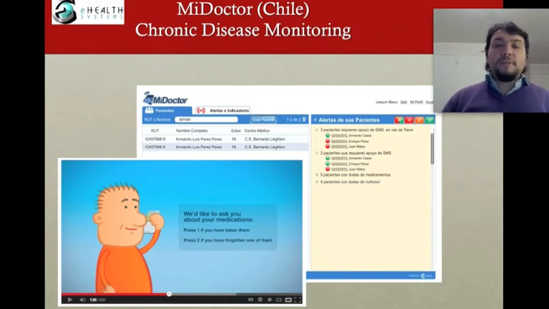This project, Mi Doctor, has been implemented by a Chilean company, and they are using a very simple technology, SMS, to provide patients with information, reminders, but it also has a smart platform to track patients and their adherence to treatment.